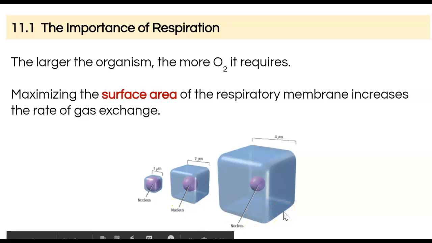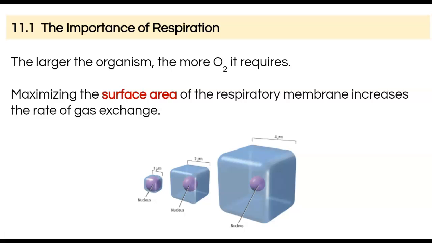This is actually why cells need to divide. They divide because, well, let's say I was the oxygen molecule that needed to get in to find the mitochondria, and the mitochondria is like way over here or whatever, right? That's not super efficient.